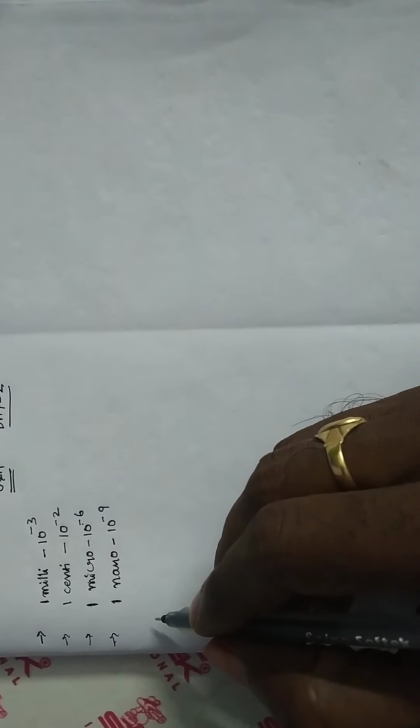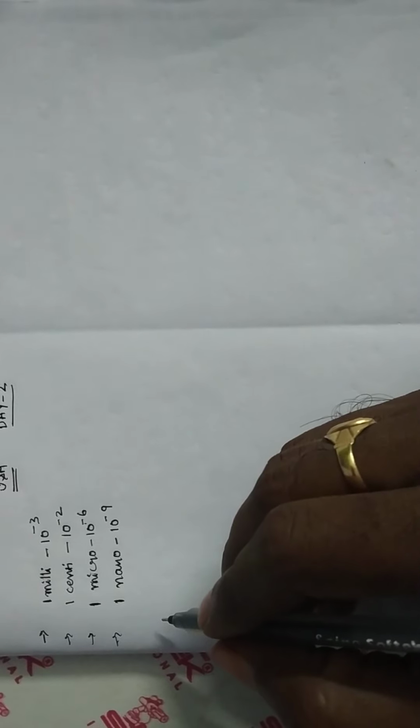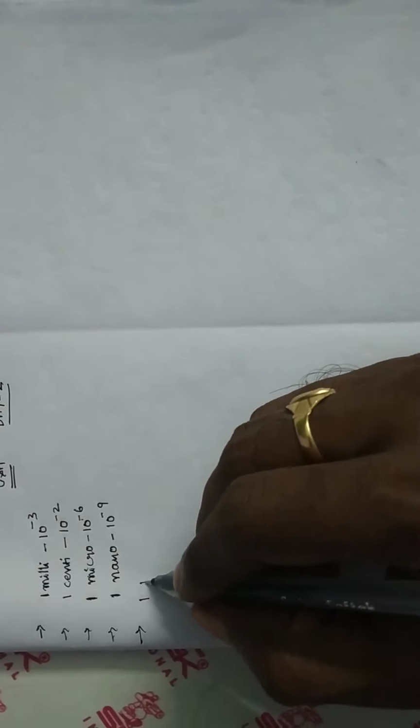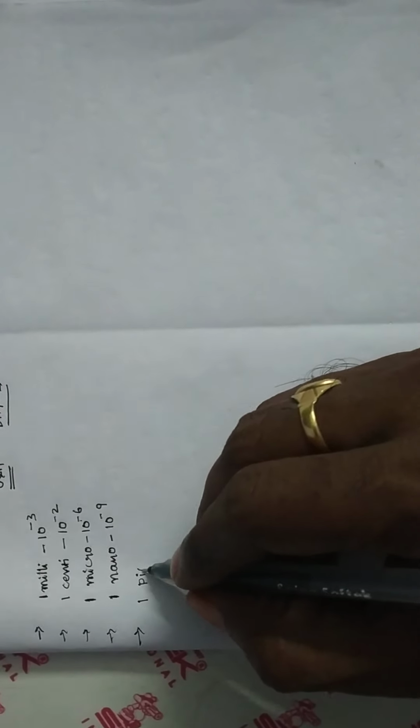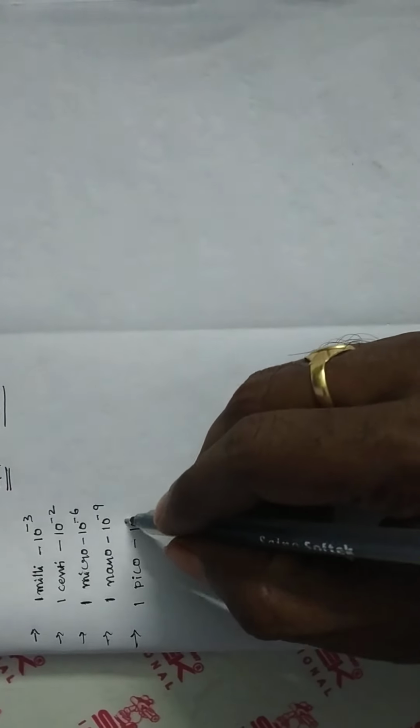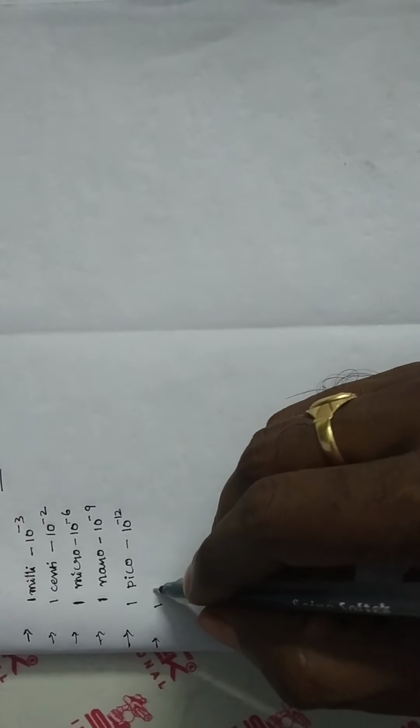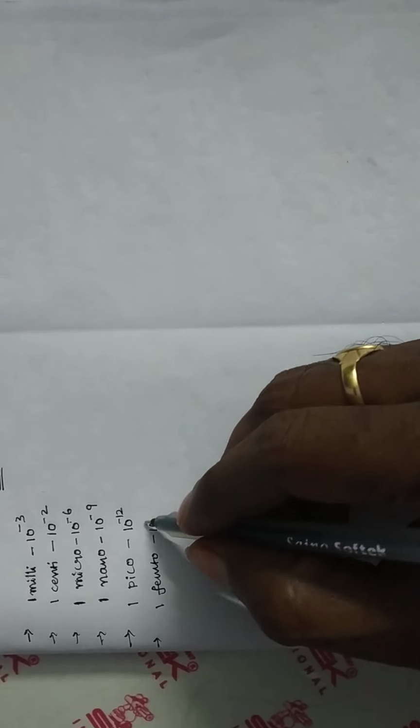So these are the conversions while doing problems. It is very important. 1 pico, 10 power minus 12. 1 femto, 10 power minus 15 meters.